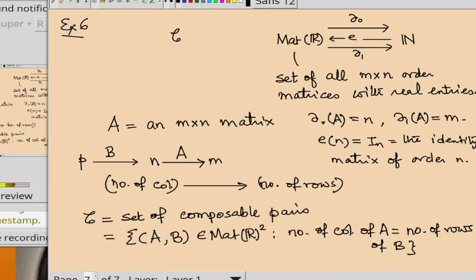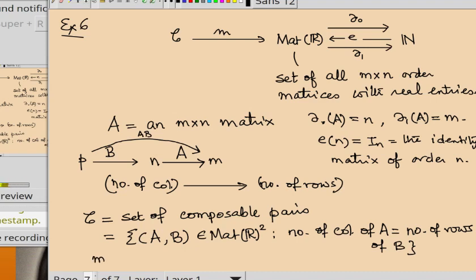Okay, and then what's the composition? So M, the composition. So this is an M cross N, this is an N cross P. So it's an M cross P. So it's the matrix multiplication.